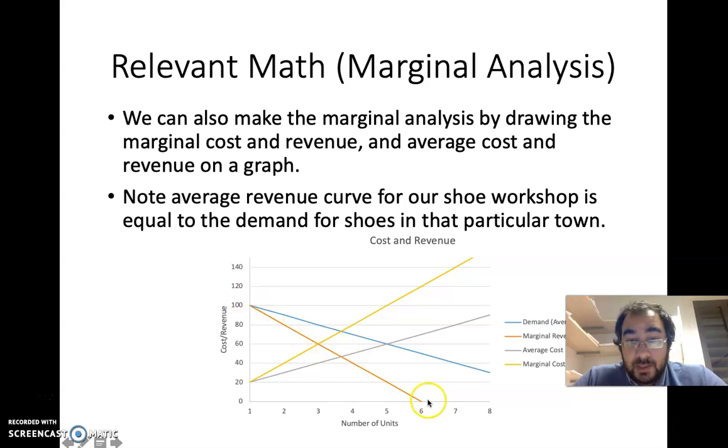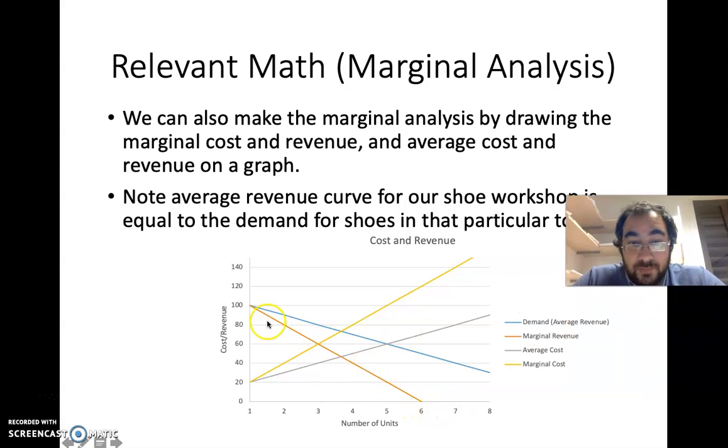This line represents the demand, basically average revenue per unit of shoe you sell. This line represents marginal revenue per shoe you sell, which is decreasing because the price is decreasing as you sell more shoes.